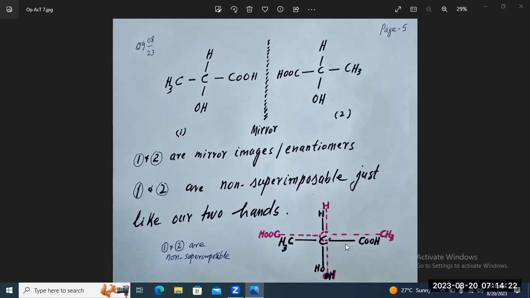This non-superimposability is present between the mirror images. So as a whole, the molecule of lactic acid, which is present here, would be optically active.